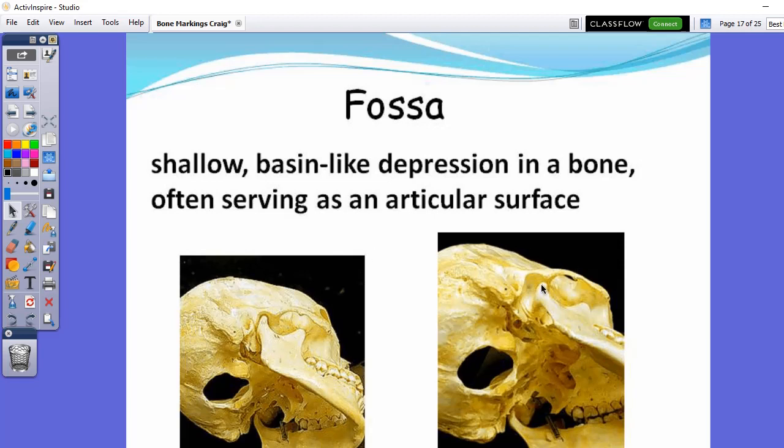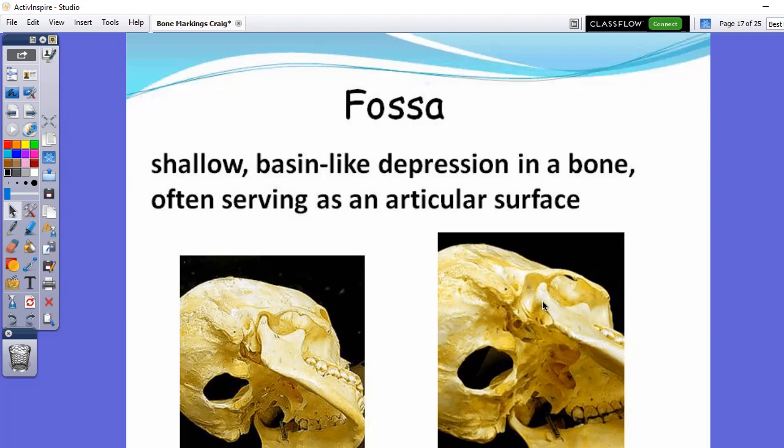The picture on the right is where the lower jaw has been depressed or opened. The top of your jawbone is going to fit into the rest of your skull, and the part that moves in and out of that joint fits perfectly inside of the fossa.